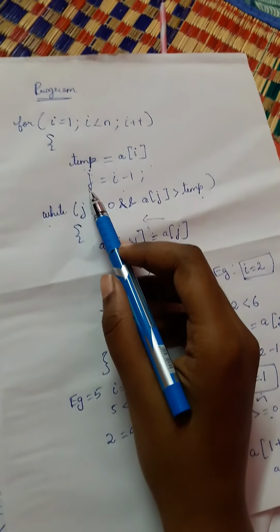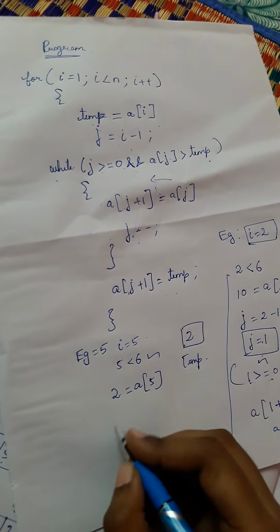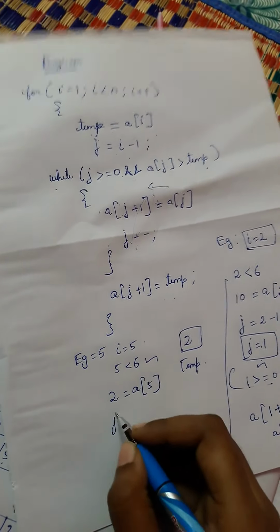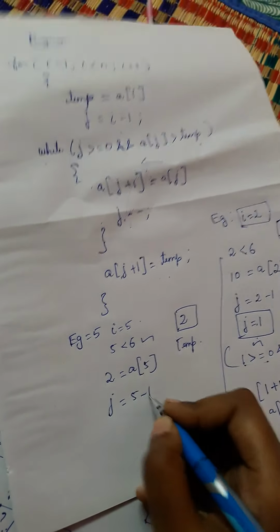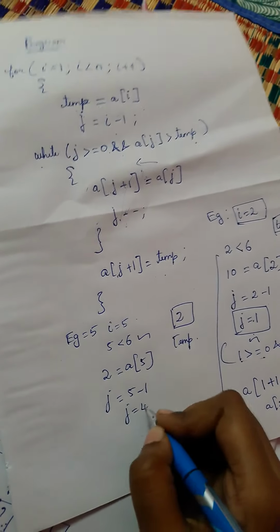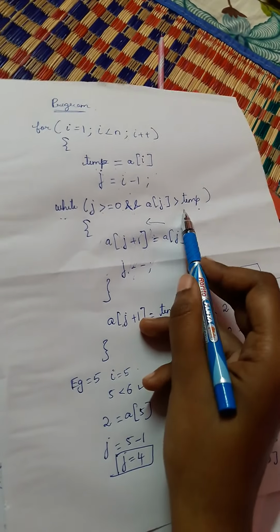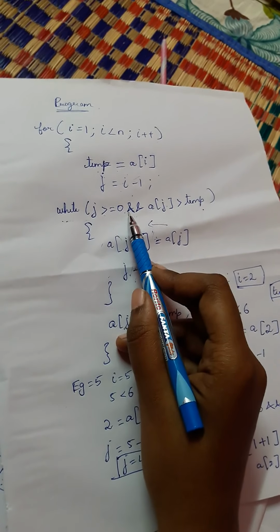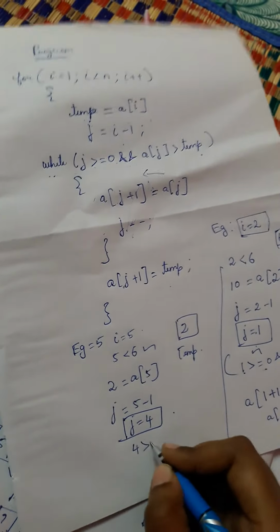Now the next step is j is equal to i minus 1. So what will the j value be? j is equal to i value 5 minus 1, so the j value is 4. Next we are going to enter into this loop: j is greater than or equal to 0. The j value is 4, which is greater than or equal to 0.